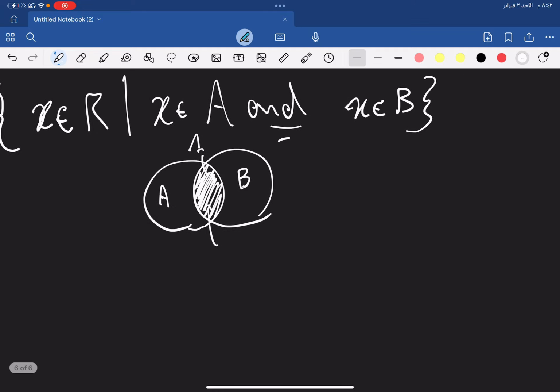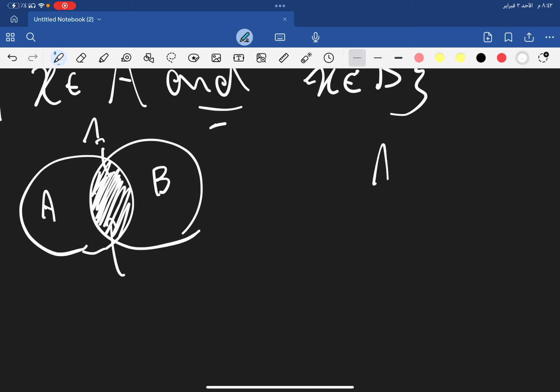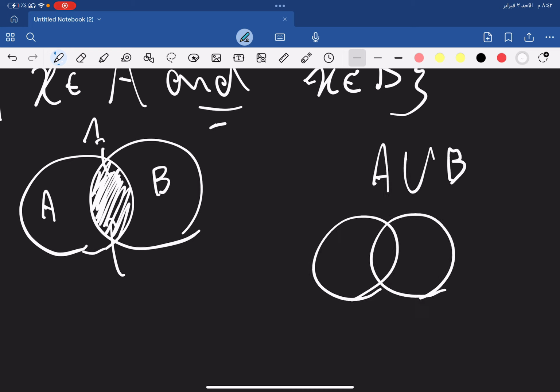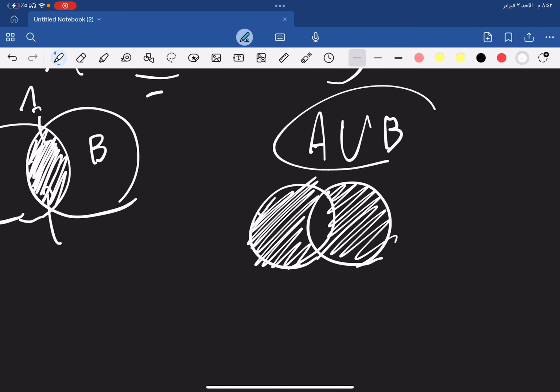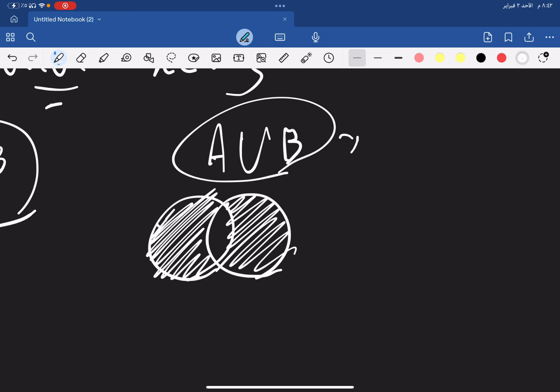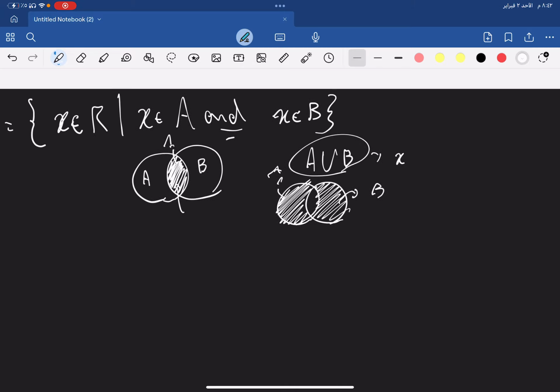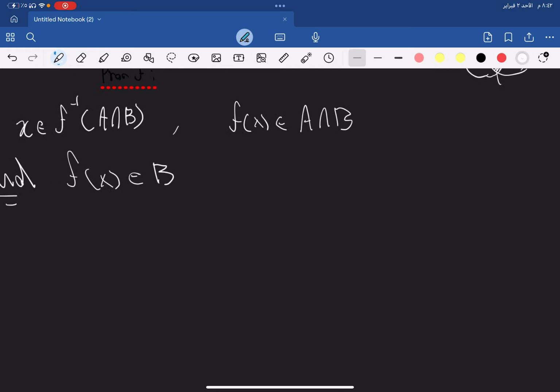And in A union B, let's draw a Venn diagram. If you take any arbitrary element in it, let's say it's x, it's either in B or in A. So that is the explanation. So back to the proof.